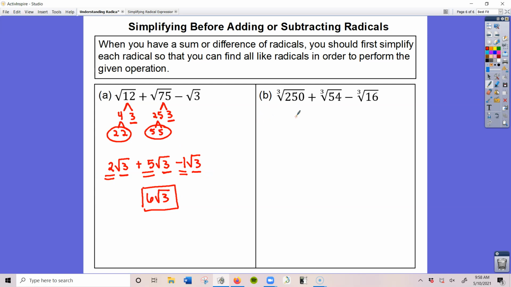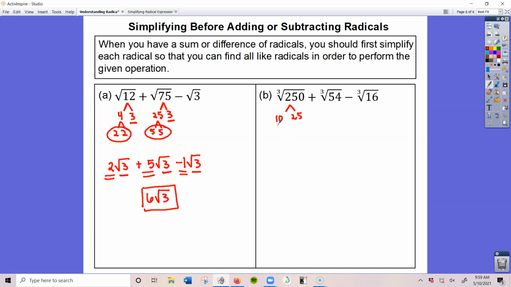Let's try one more. We have the cube root of 250 plus the cube root of 54 minus the cube root of 16. So let's break down all of these radicals. 250 is when you multiply 10 and 25.